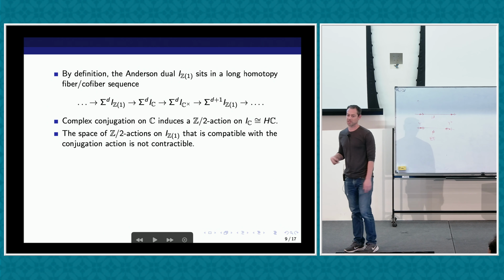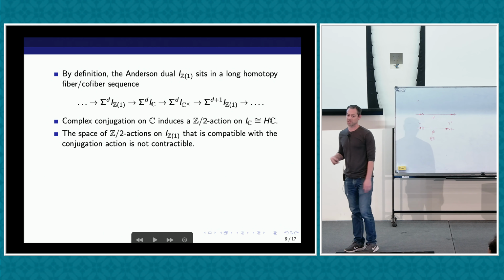There's a preferred choice that Freed and Hopkins make, and their choice comes from drawing an analogy with the category of Hermitian vector spaces. There are two involutions on Hermitian vector spaces: one takes the dual, and the other takes the complex conjugate. Because of the Hermitian structure, the composition of those two involutions trivializes.